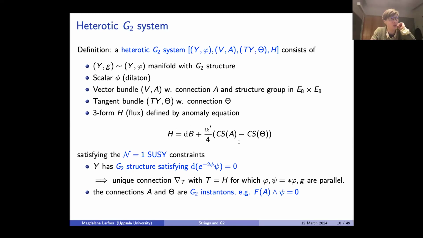So through this anomaly cancellation condition, we will get a connection between these things. And the way that one constructs supersymmetric solutions to the supersymmetry equations is by playing with this relation between theta and this unique connection.